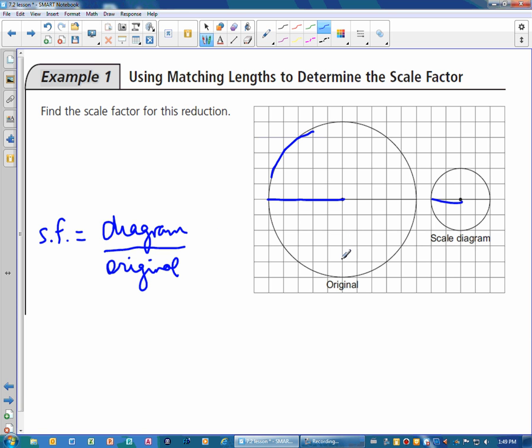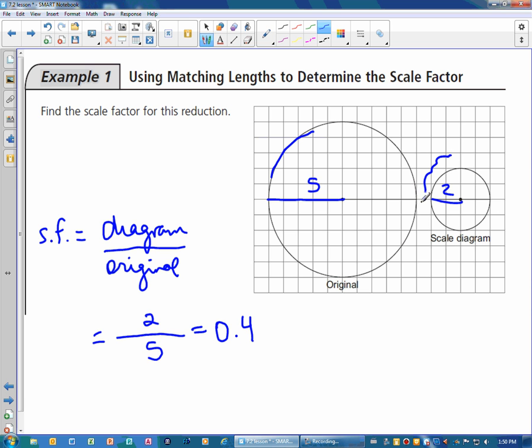If we counted squares, the scale diagram is 2, and the original is 5. 1, 2, 3, 4, 5. So the scale factor will be the diagram over the original. So 2 divided by 5, which would be 0.4.